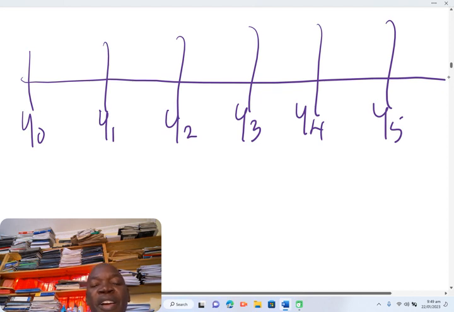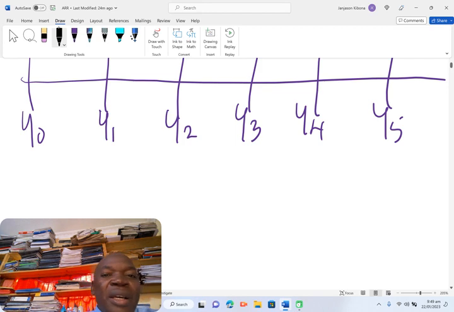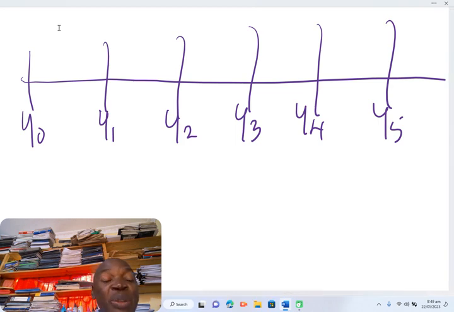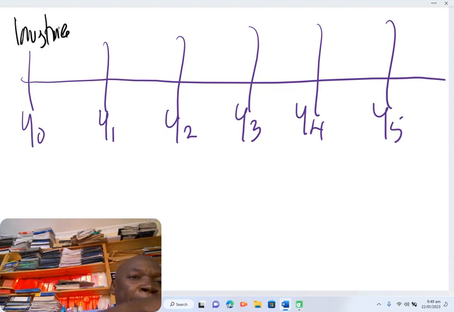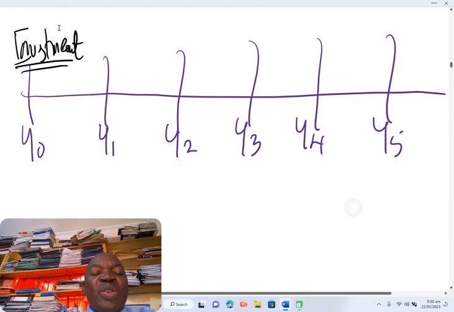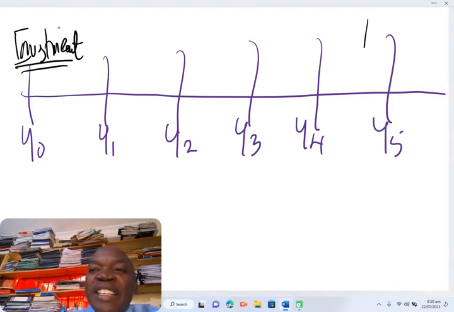If a company is now thinking of a 5-year project, number one, a project manager must estimate the initial investment. How much is the investment here? Initial investment, and also the residual value at the end.